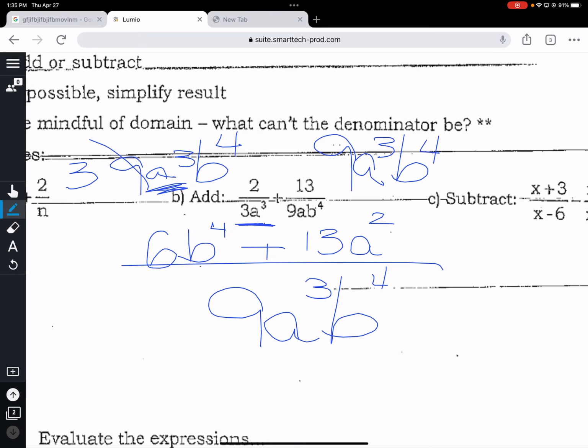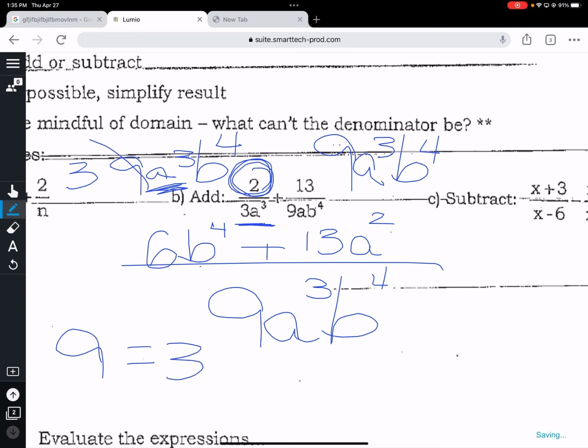I don't understand how you got 6b to the fourth and not 2b to the fourth. Because you had to multiply by 3 to get a 9. Well, yeah, because the numerator is 2. Let me write it right here. If we are trying to get from a denominator of 3 to 9, I'm kind of going backwards.